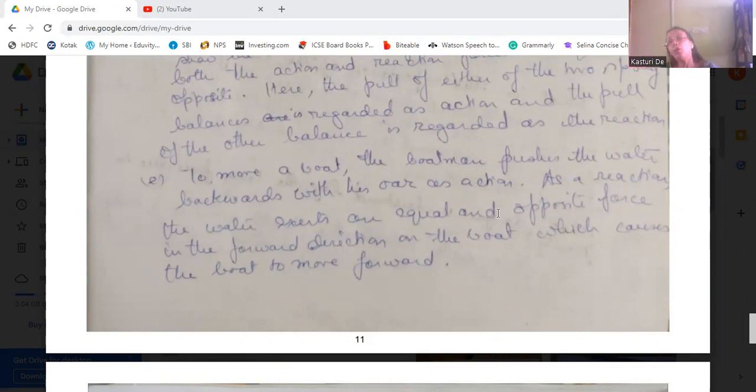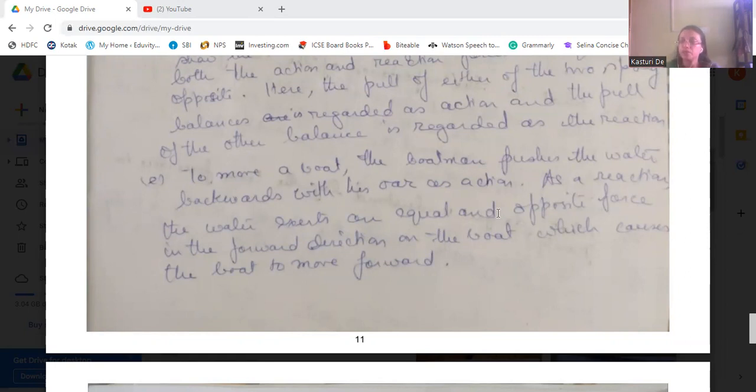An equal and opposite force will be exerted by the water. The water will exert an equal and opposite force in the forward direction on the boat, which will move the boat in the forward direction.